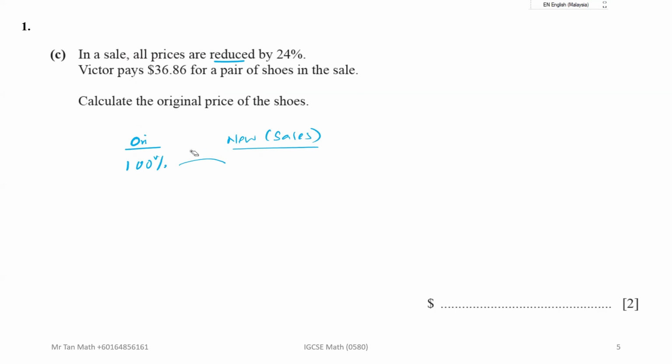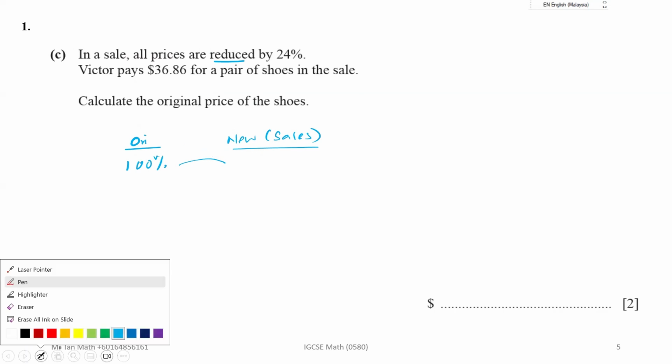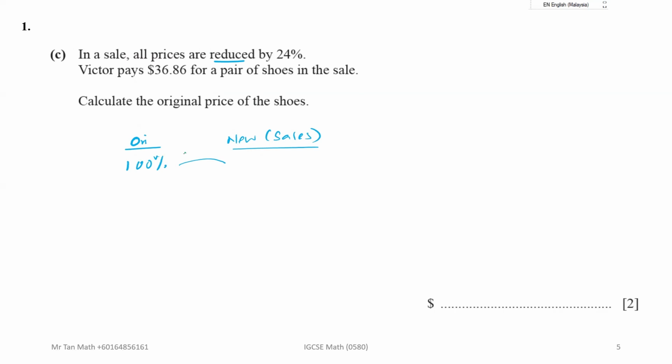Choose the colour easier for you. So now it's minus 24%. So the new percentage, just take 100 minus 24, that will give you 76%. Okay, so the price after the sales is 36.86, and the question asks for the original price.